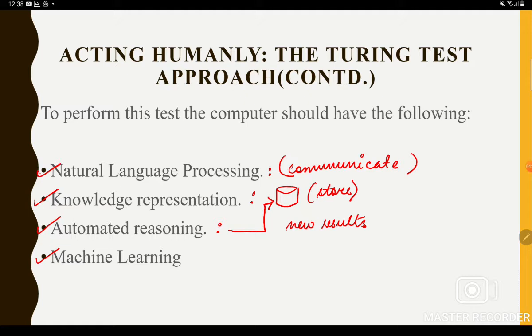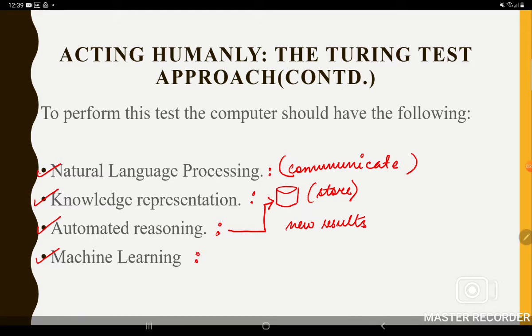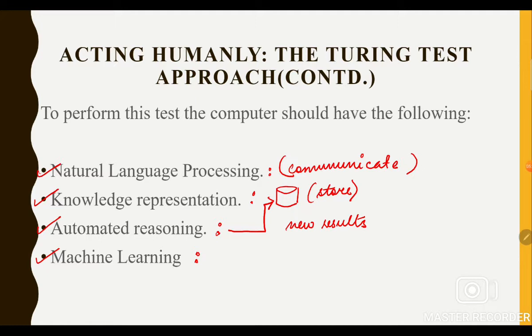The fourth important parameter is to adapt to new circumstances and to detect and extrapolate patterns. We need to adapt to new circumstances, right? So if the computer is able to adapt to new circumstances or learn from different patterns which are happening, that means it should be equipped with this machine learning concept.